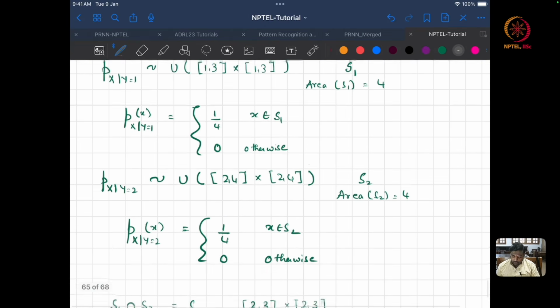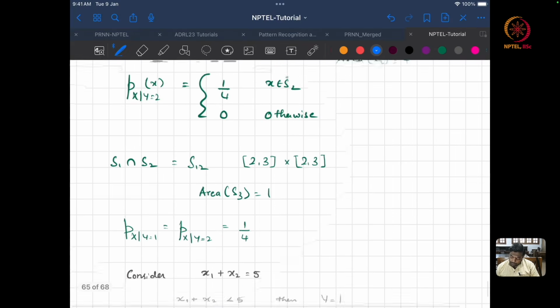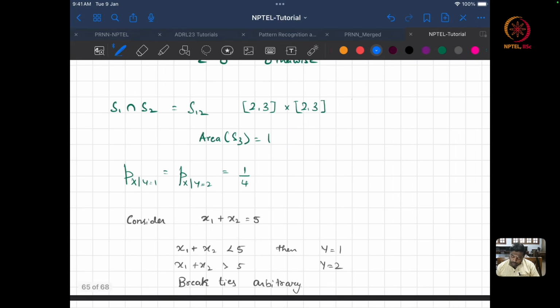So now let's say that I will have a couple of regions. Region A. Now what is this region A? S1 minus S2. Region B, that is S2 minus S1.